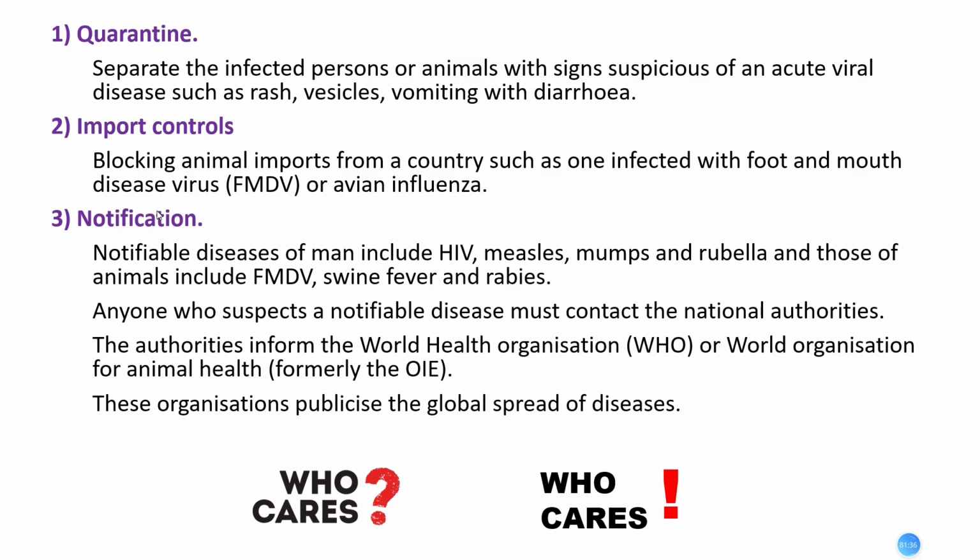During COVID-19, we used the hospitals a lot, and if a person traveled from one city to another city, they had to stay in the hospital for 2 weeks. So that's quarantine. The second measure is import controls.